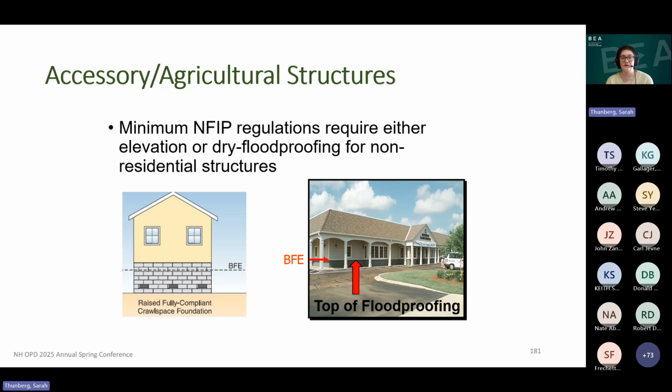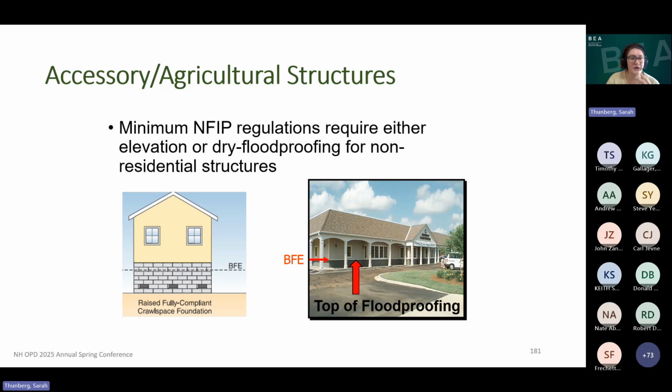All right, so under the minimum NFIP regulations, these accessory and agricultural structures are required to either elevate or have dry floodproofing for non-residential structures.